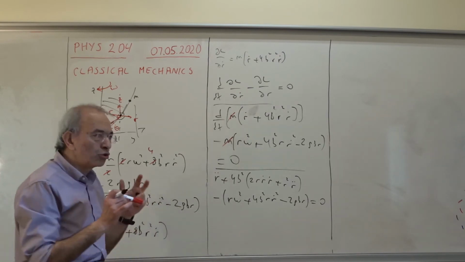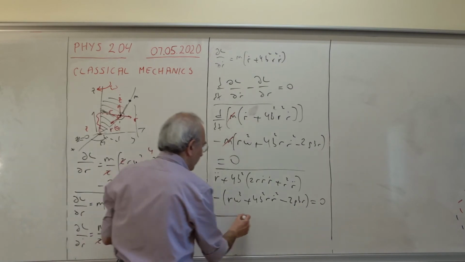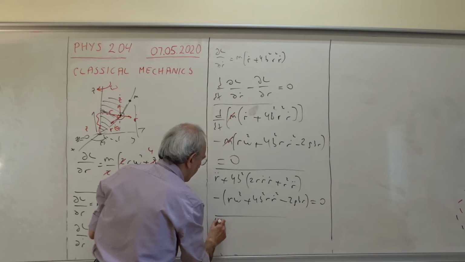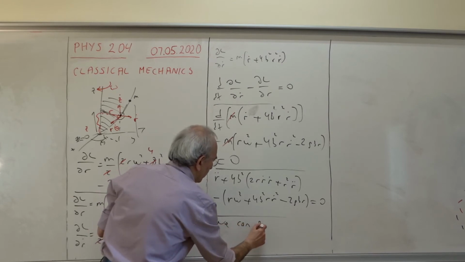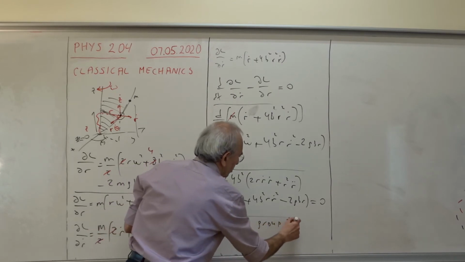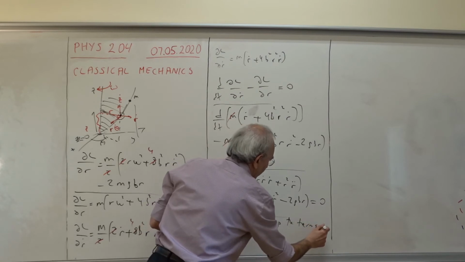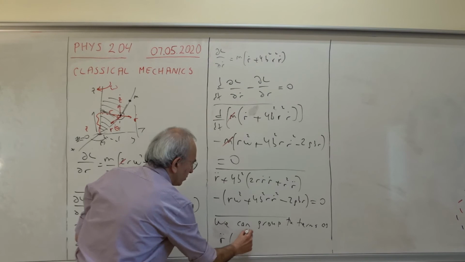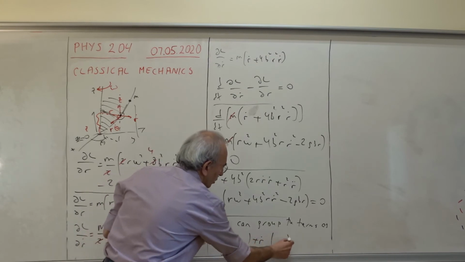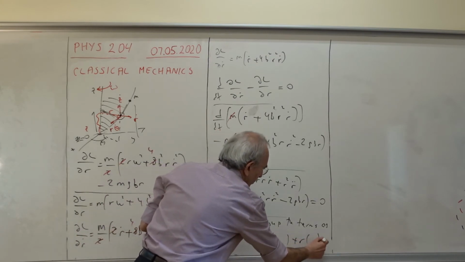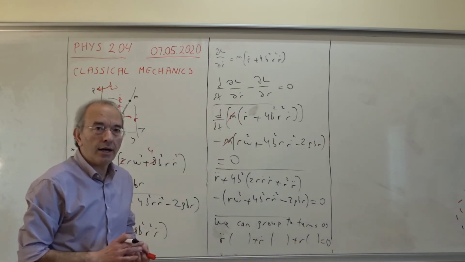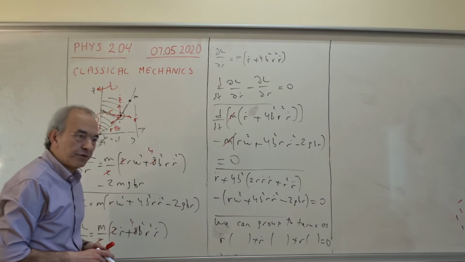First we can group the terms as, let's say, r double dot times something plus r dot times something plus r times something equal to 0. This may be one way of moving further.